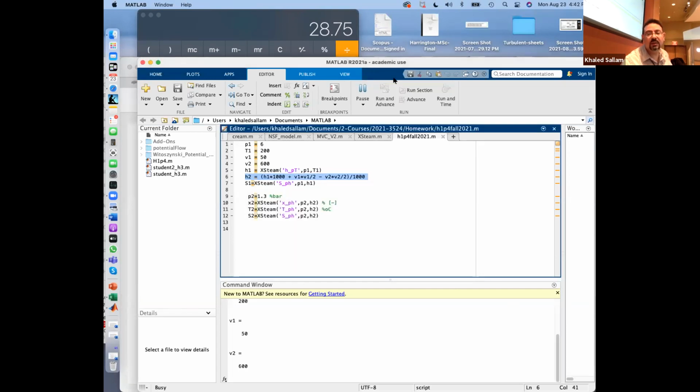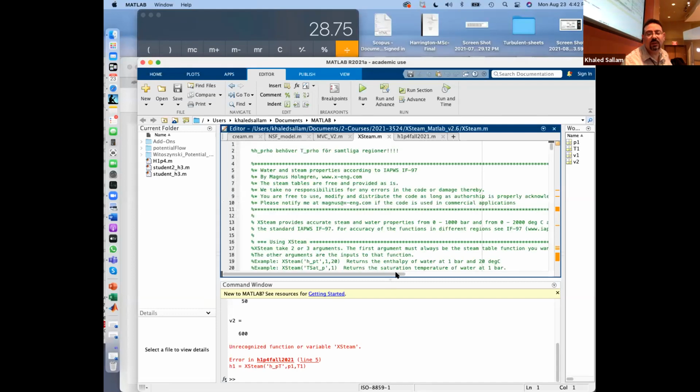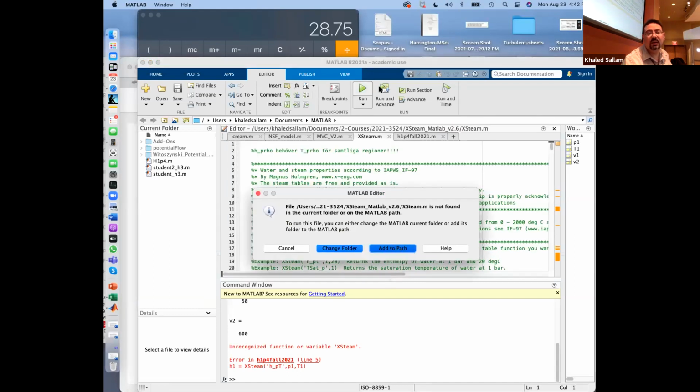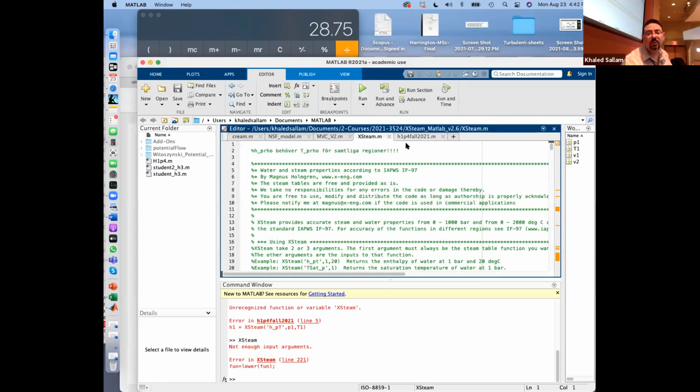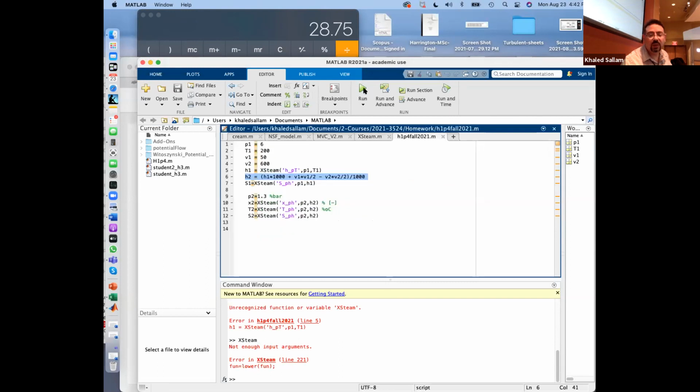Let me run Xteam first, so that it knows where it is, right? And then after that, you would run your homework 1 problem 4. And it did run. And so the temperature is 107 and the X is 0.99.